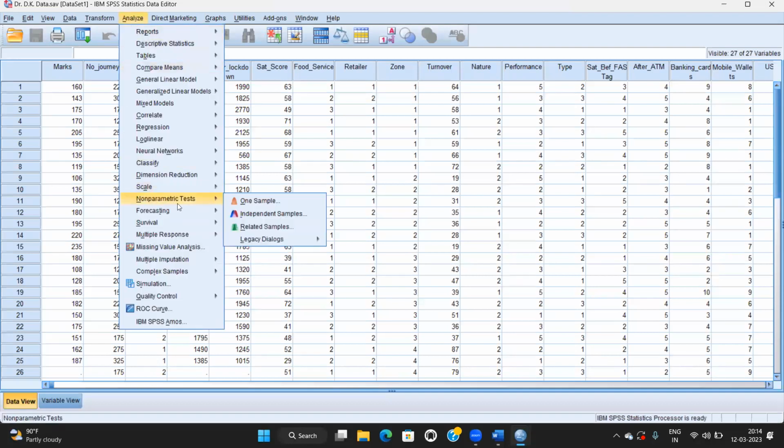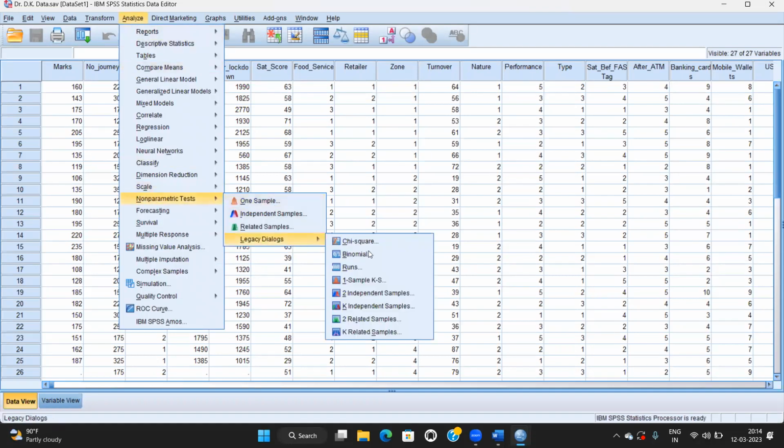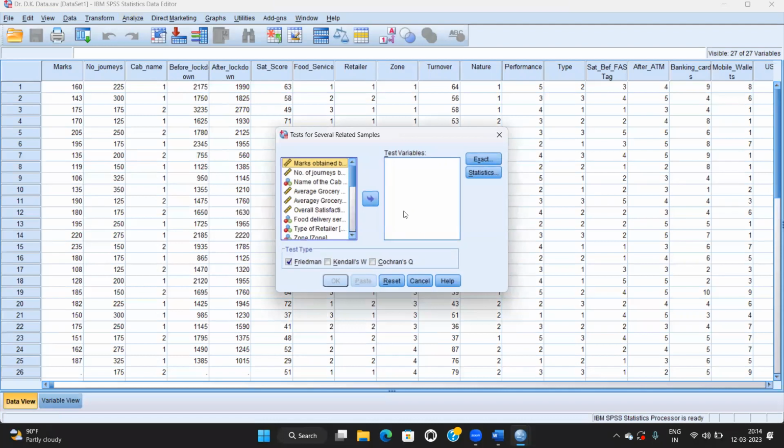Analyze, non-parametric tests, legacy dialogs, K related samples. Last one. So test for several related samples. The only thing is test variables, no grouping variable. You select all the 10 items: banking cards, mobile wallets, micro ATMs.